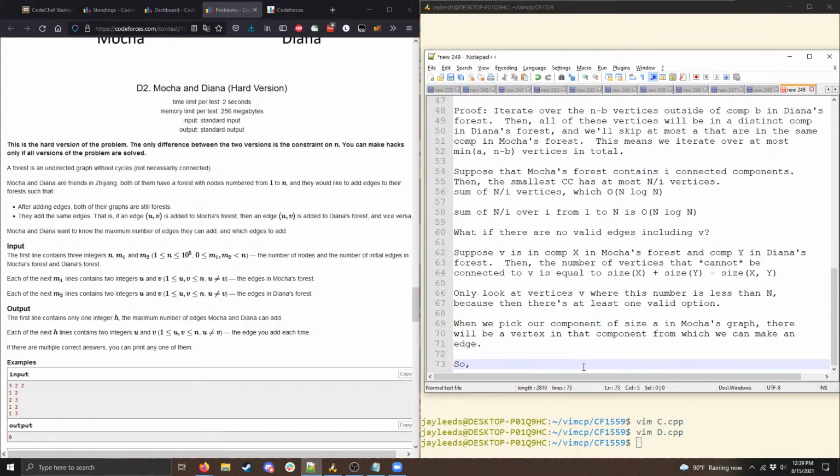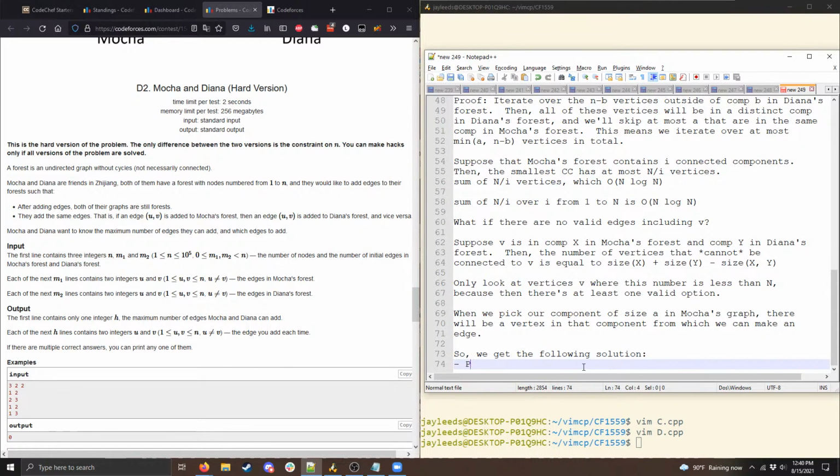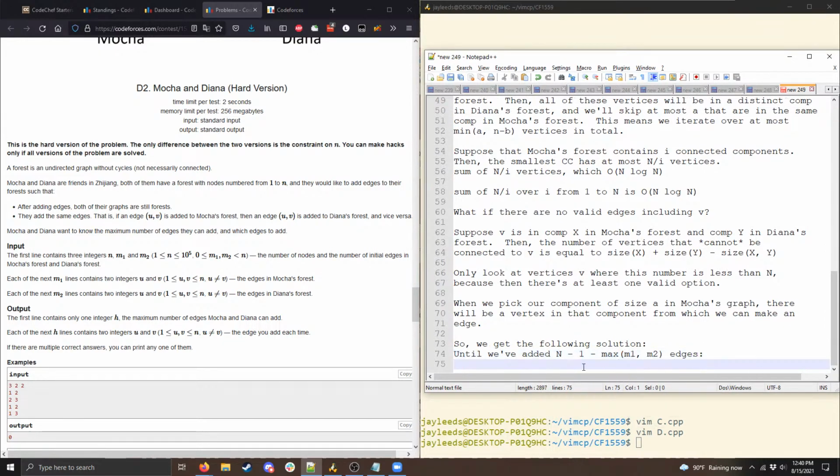So we can put all this together to get the following solution. Until we've added n minus 1 minus max of m1, m2 edges: first, pick the smallest component in Mocha's graph.